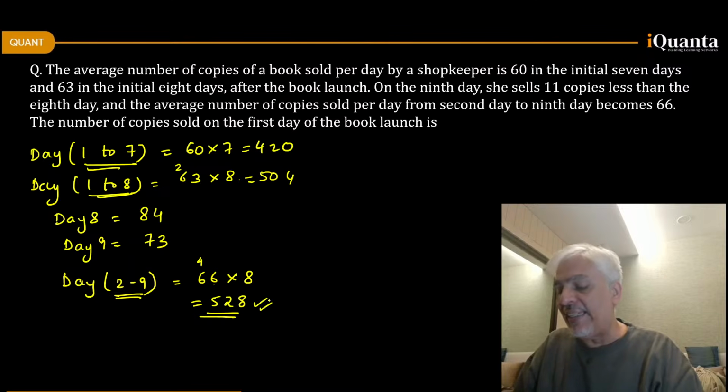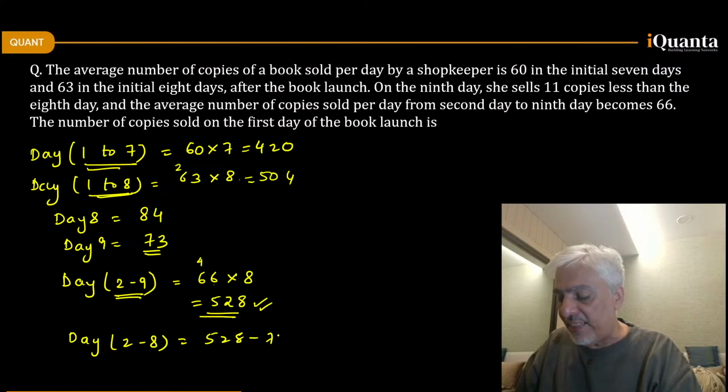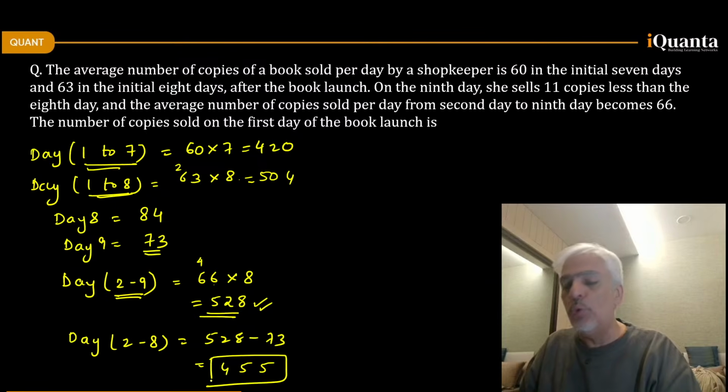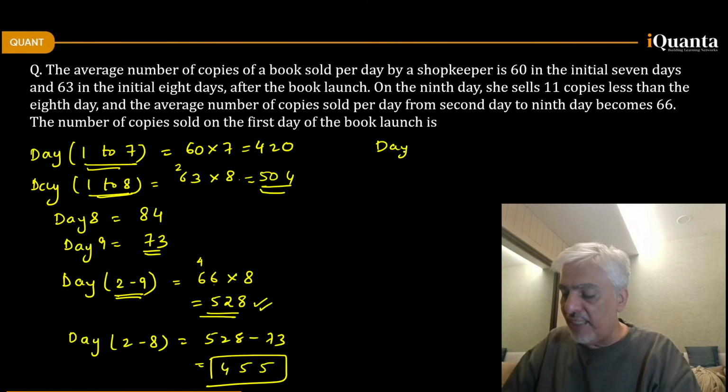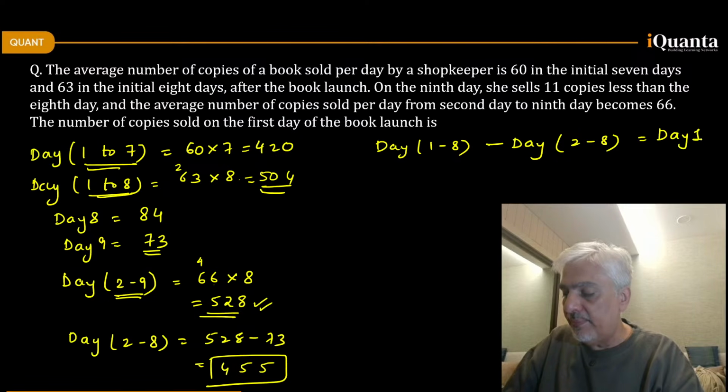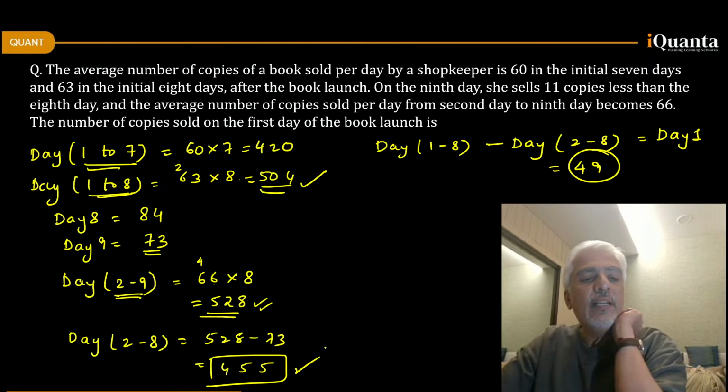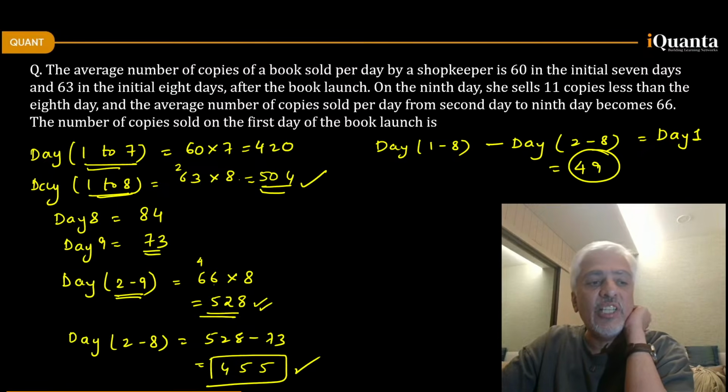From this, if I remove the ninth day, I'll get 2 to 8. So day 2 to 8 will be 528 minus 73, 455. And 1 to 8 is 504. Subtract these two. Day 1 to 8 minus day 2 to 8 will give us day 1, which will be 49. This minus this. Clear now? Sambhavi, just check whether you have understood?